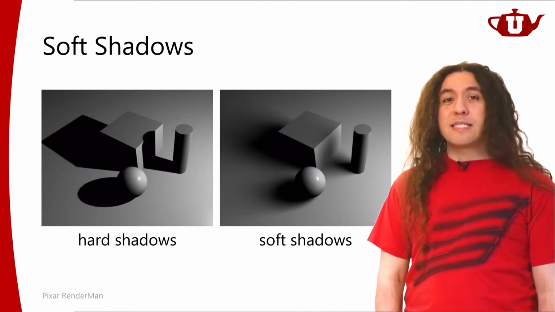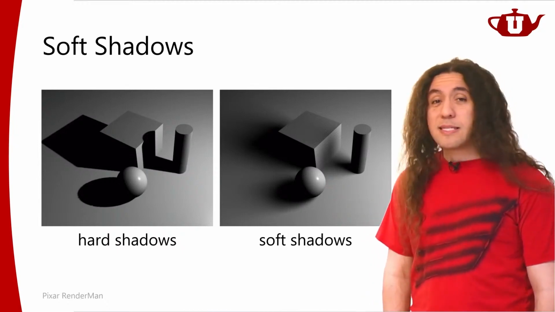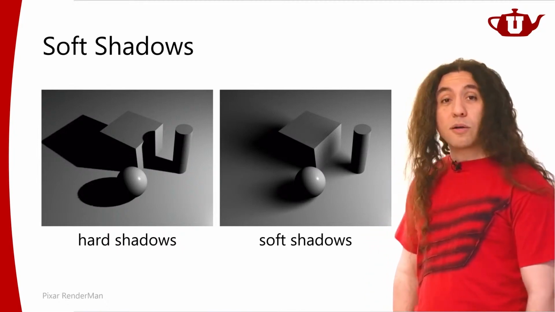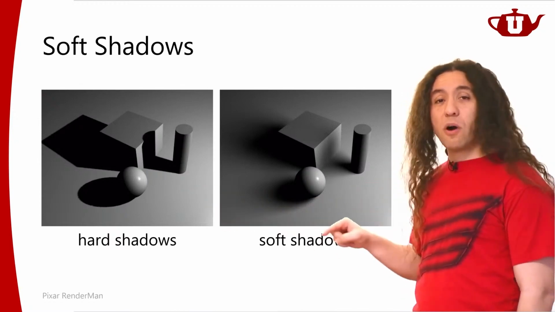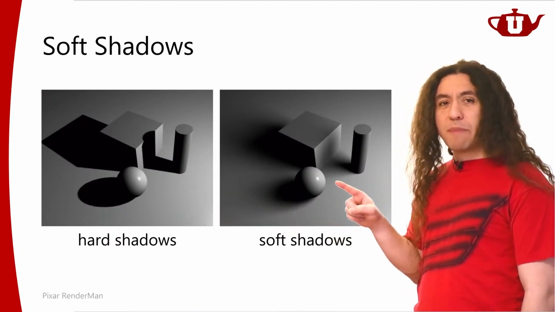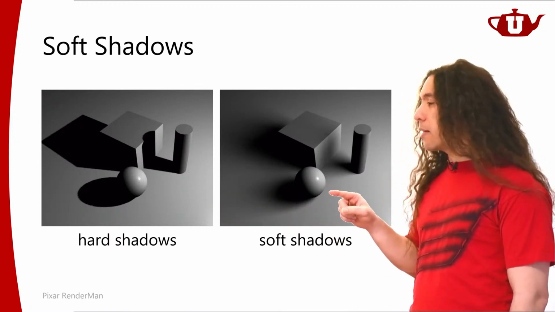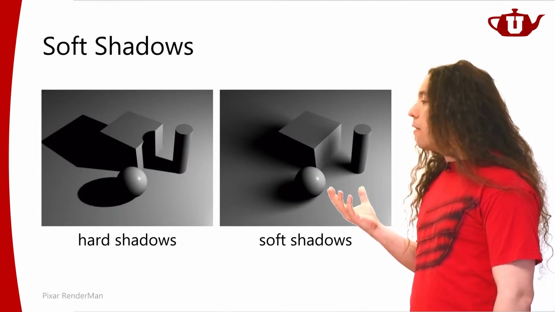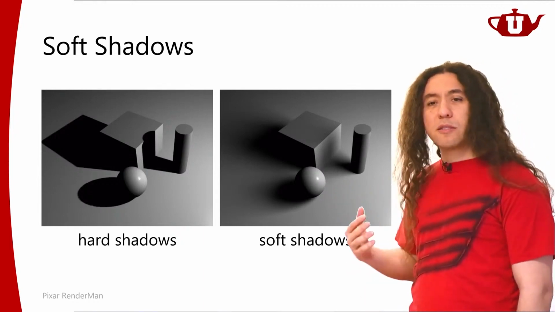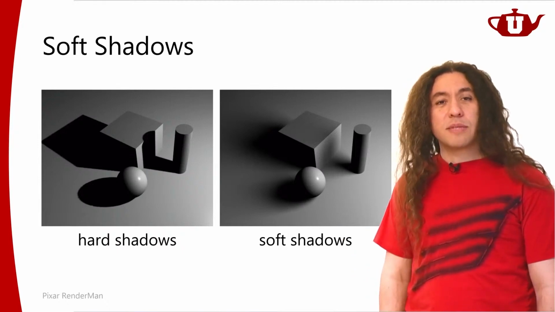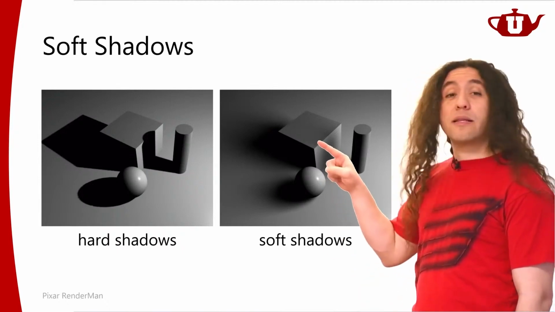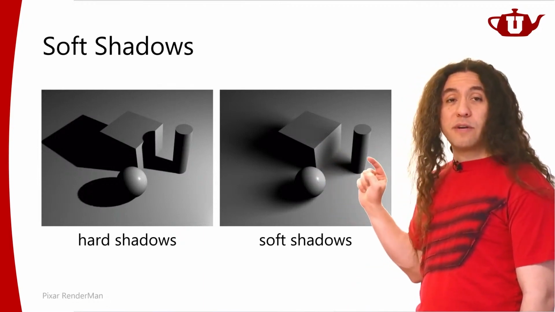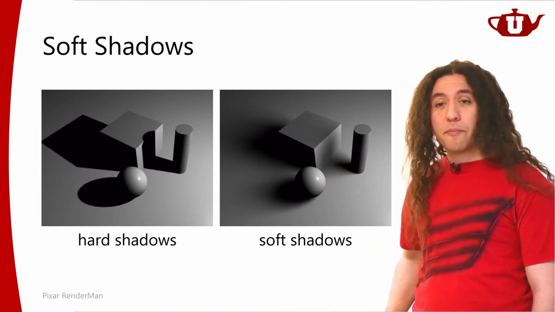But I would argue that this is a little harder to notice. Shadow difference, super obvious. But just making this specular a little softer and larger, that's going to be a little less obvious. Now, I mean, you could see it on the sphere. On these other objects, it's very, very hard to see the difference, right?